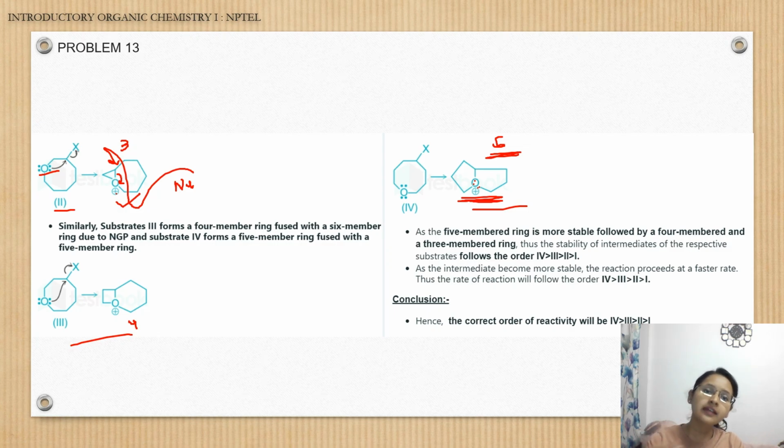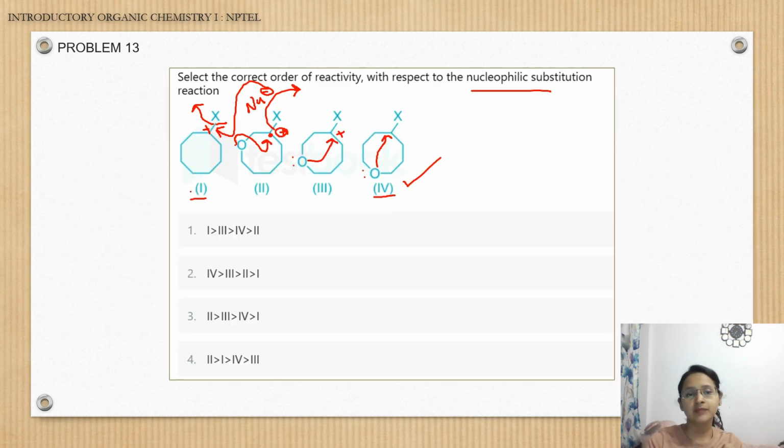So that is why the fourth will give you a nucleophilic attack very fast, then three, then second, and then one. So it will give you the nucleophilic attack very least. Is it understood now? Option 2 will be the correct one, right?